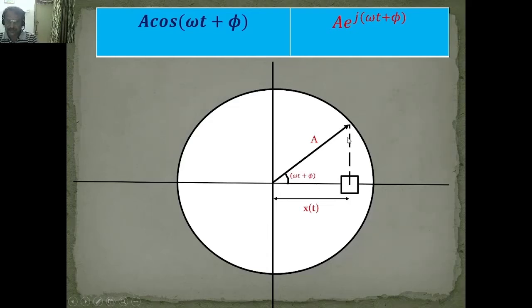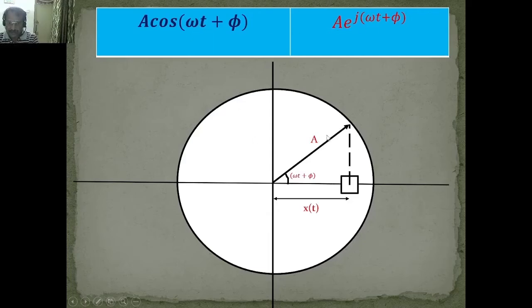The length of the vector is equal to the amplitude of the motion, and the angle which this vector makes with the x-axis is the phase, the omega t plus phi term, and this is rotating around this central point with the axis perpendicular to the screen in an anti-clockwise fashion, and the frequency of this rotation is omega.